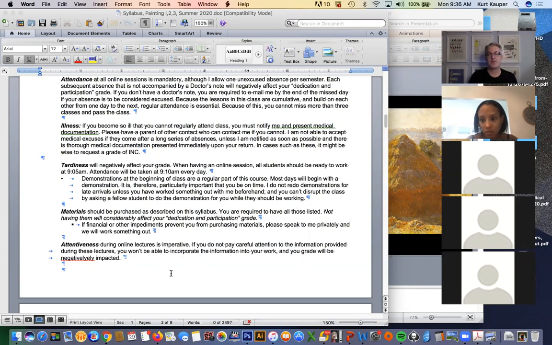The problem is if you do that in the class and you miss information, then you're not going to have the right information that you need to solve the problem we're dealing with. So both in order to get the most out of the class as possible, but also so that you're prepared to do the assignments that are given, you need to be paying attention during these online sessions.